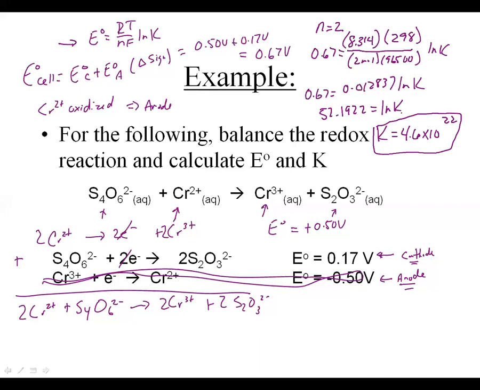That obviously is a large value of K, which we would expect with a cell voltage being positive, and thus we would expect products to be formed in this particular case.